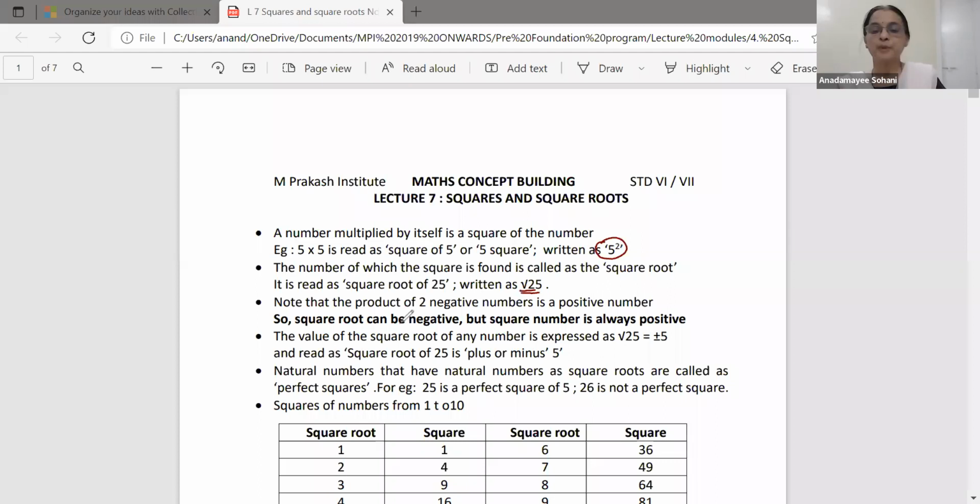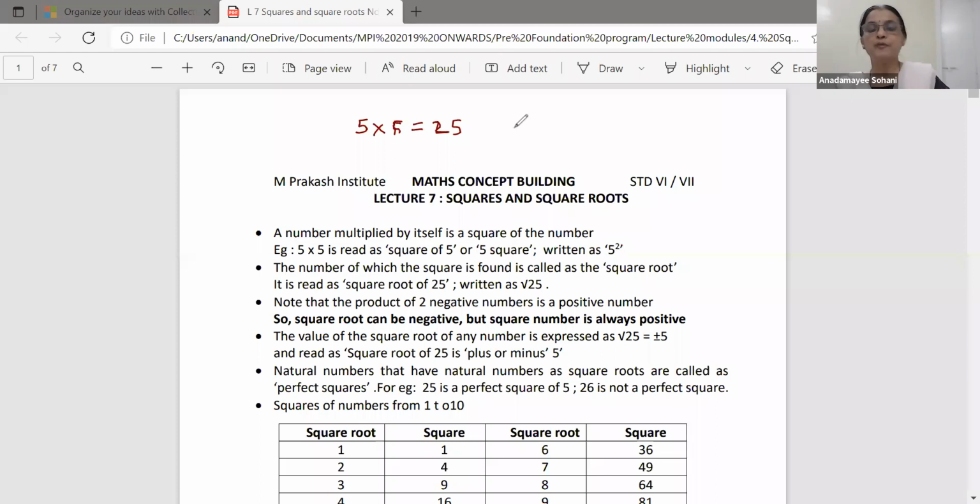Okay, we have seen now that if we multiply two positive numbers, our answer is positive. We have seen it in fractions also. When both the numerator and denominator are positive, it is positive.